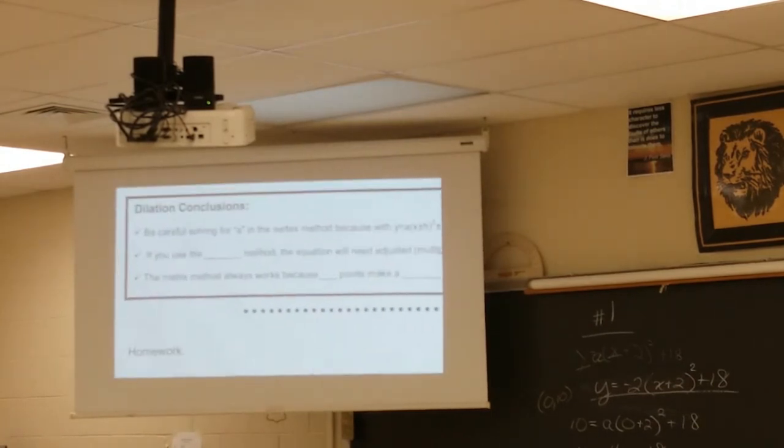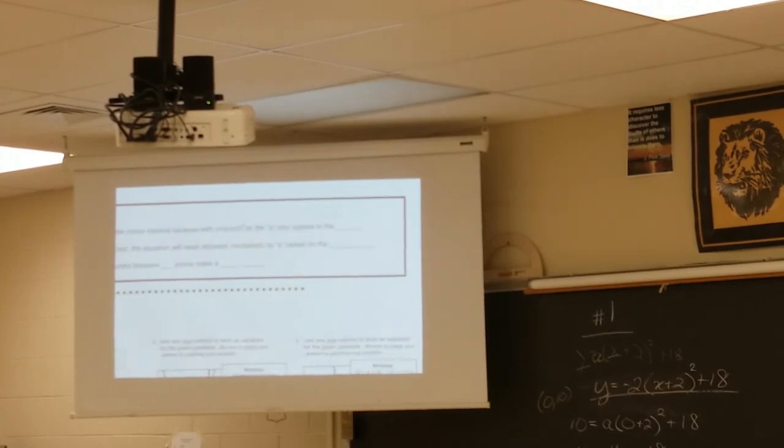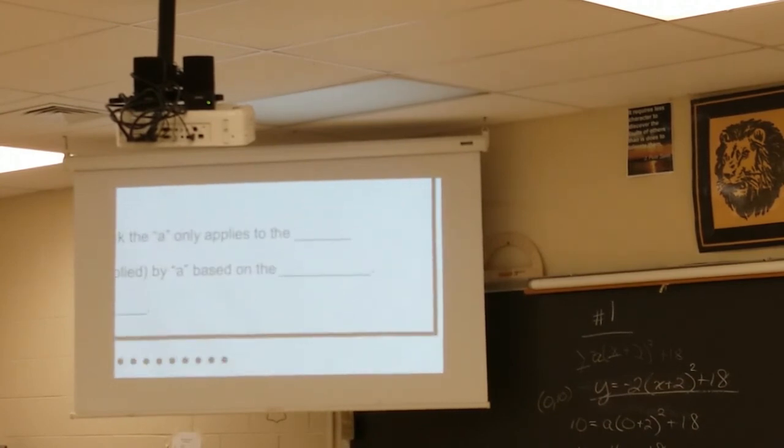Because when you're solving for a in the vertex method, as I tried to show in this problem, you have to make sure that you realize that the a only applies to the x plus or minus h squared. Again, the letter a is only in front of that first quantity.